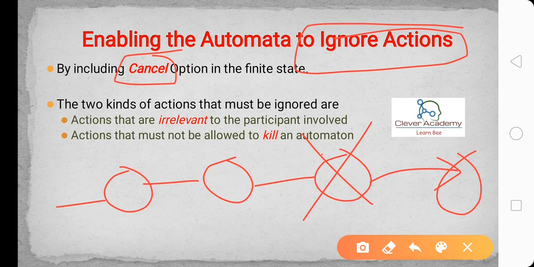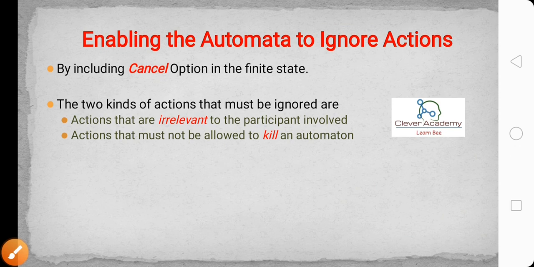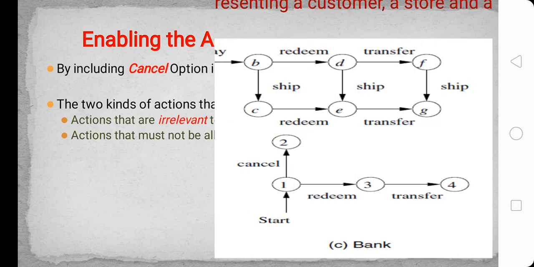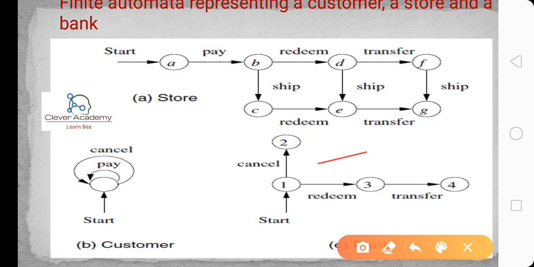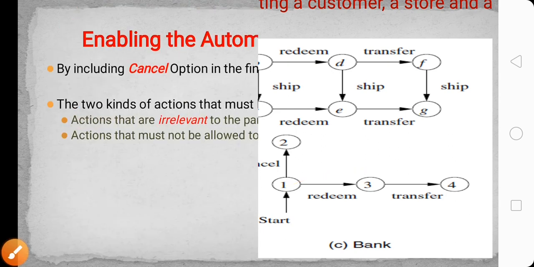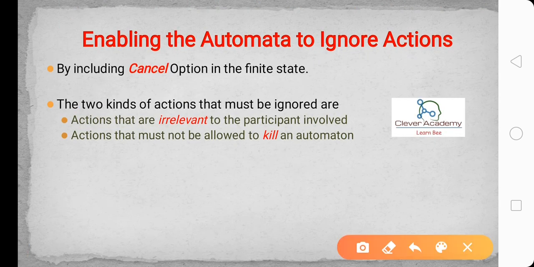That is where we introduce the cancel state. So there are two kinds of actions that must be ignored. What is the first one? The first action is if it is irrelevant, or otherwise you don't want to allow it, meaning to kill the particular automation function.